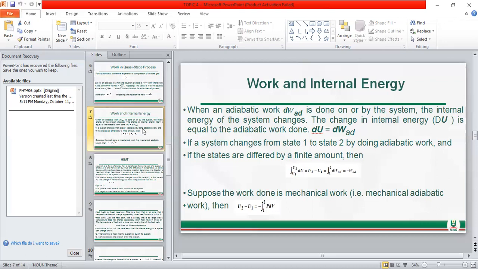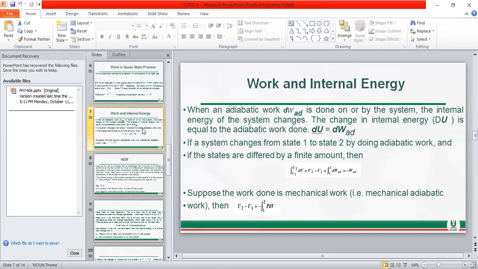So let me repeat that again. I said when an adiabatic work is done on or by the system, the internal energy of the system changes. When adiabatic work is done on a system, its internal energy is changed. So this change that we are talking about is now equal to the adiabatic work done.